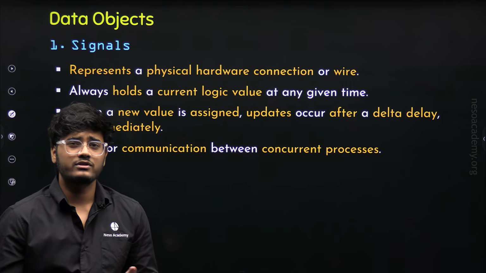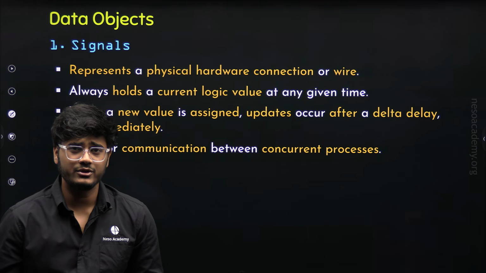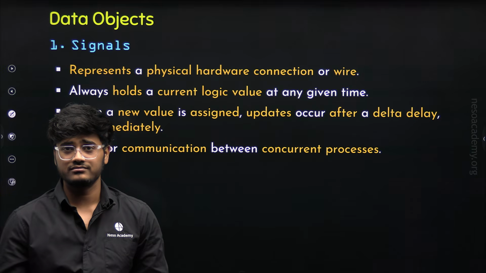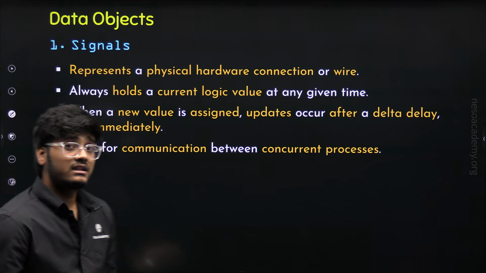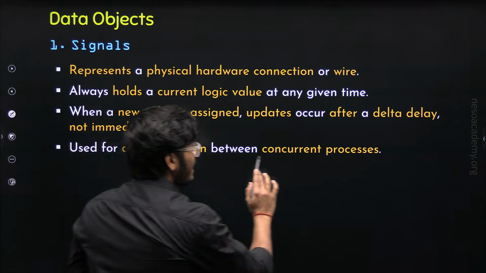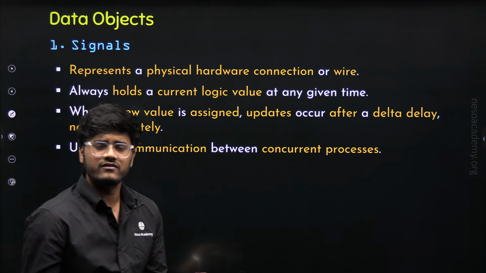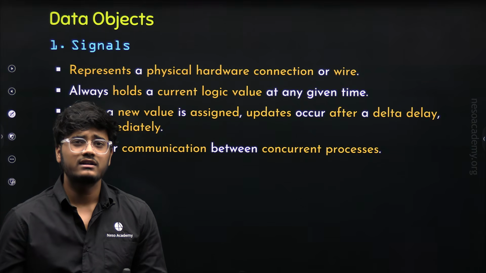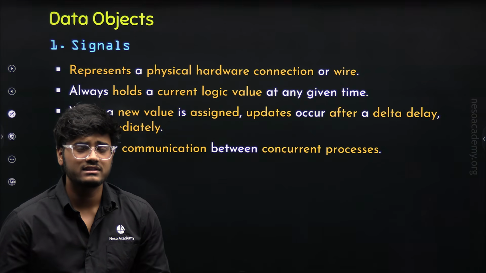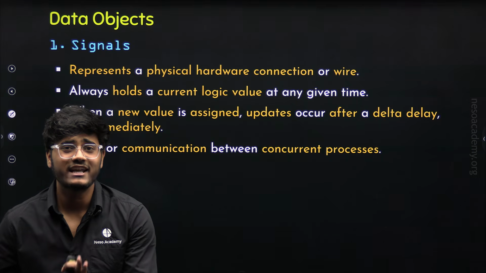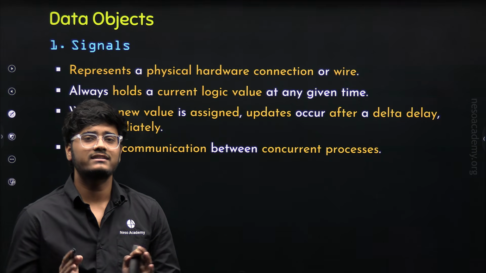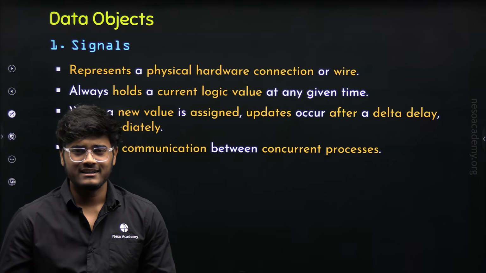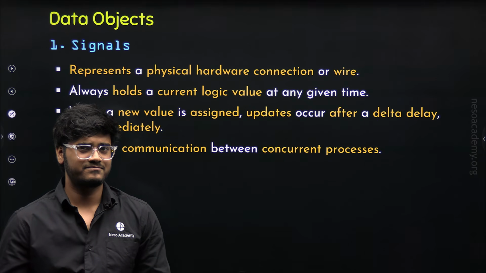Means if one process writes or assigns a value, at the same time other processes will read that value. So, signals transfer data between parallel processes, just like wires connect different parts of a circuit, where one part sends a voltage and other parts read that voltage at the same time. So, signals transfer data between concurrent processes.